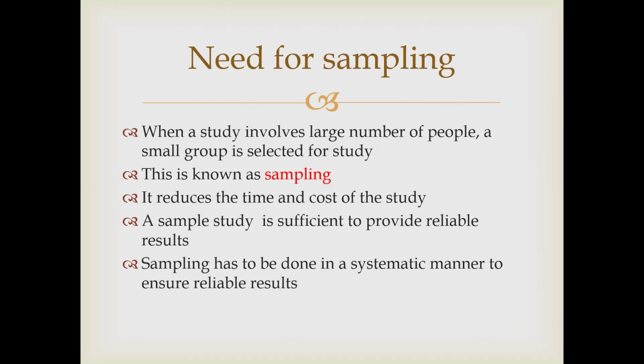So we want reliable results relating to the population. But for that, the sampling has to be done in a systematic manner. And that is what we are going to study: how to do the sampling in the proper way, in the systematic way, in the standardized way, so that you will get reliable results. This is the purpose of today's session. Okay.